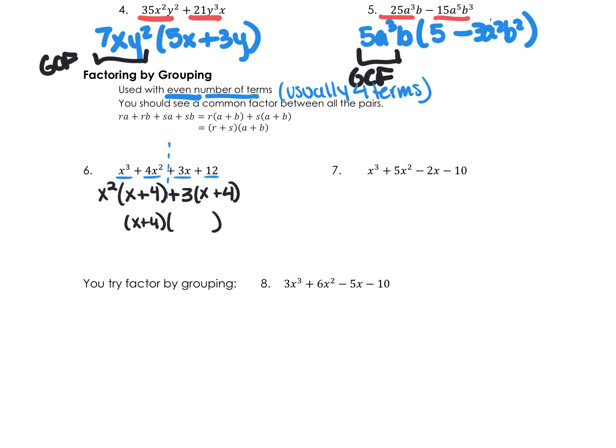Just x squared, right? Then they're separated by this plus sign in the middle, right? So this is one term, this is one term, they're multiplied together, separated by a plus sign in the middle. And then what do I have on this side of my wall when I pull out x plus 4? Plus 3, positive 3.